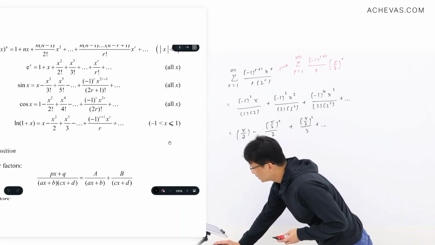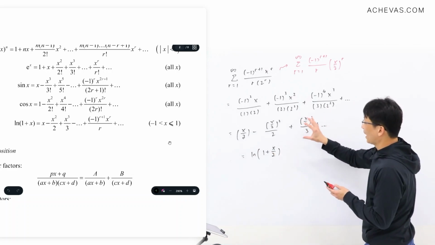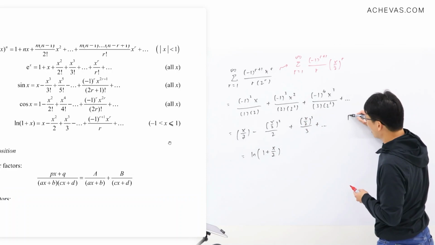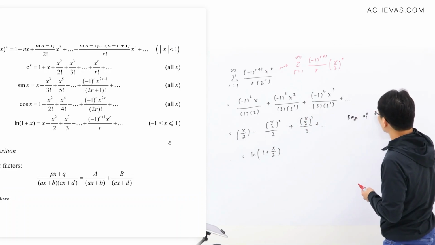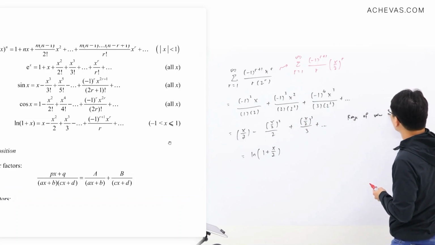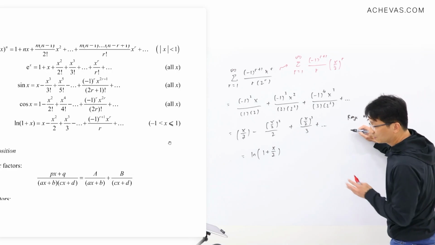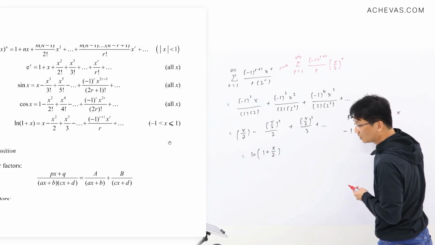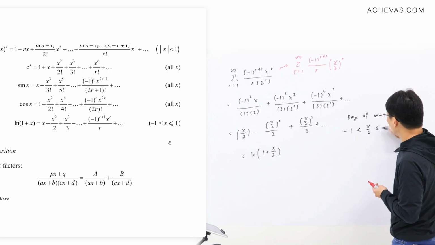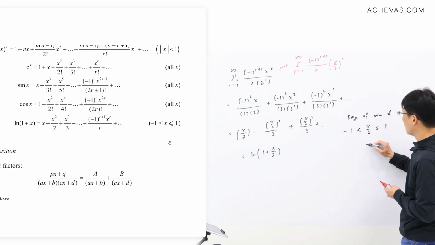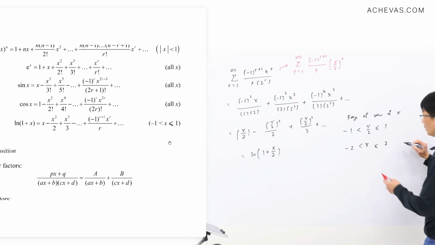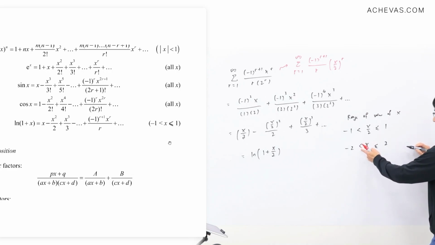In this scenario, I will replace my x with x over 2. Therefore, the range of values of x for this series is given by minus 1 less than x over 2 less than or equal to 1. Multiplying throughout by 2, I am left with minus 2 to 2. Take note that this end does not have an equal, and this one will have an equal.